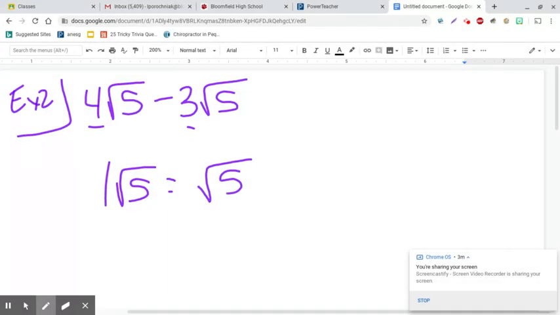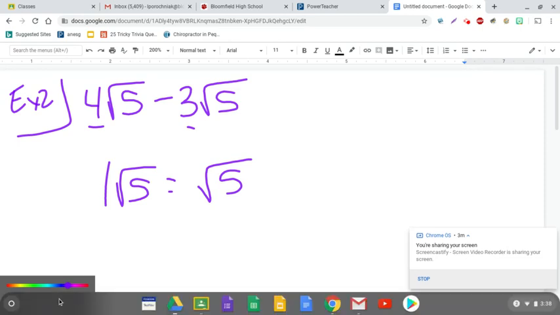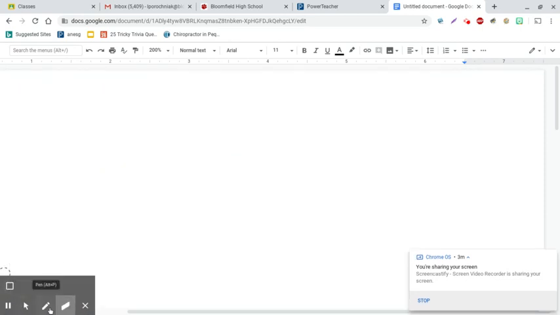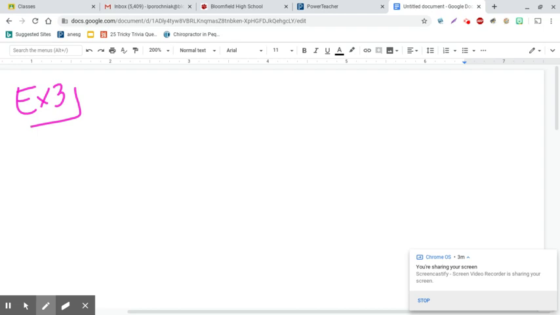All right, I think we're okay with the easy examples. So we're going to get into a little bit of a harder example, but not too hard because we already know how to break down radicals. Okay. So let's go to example 3. Example 3 is going to be radical 27 plus radical 12.